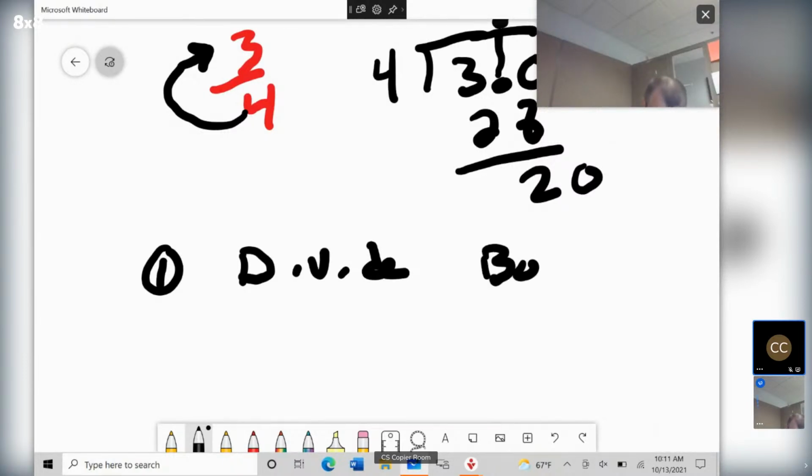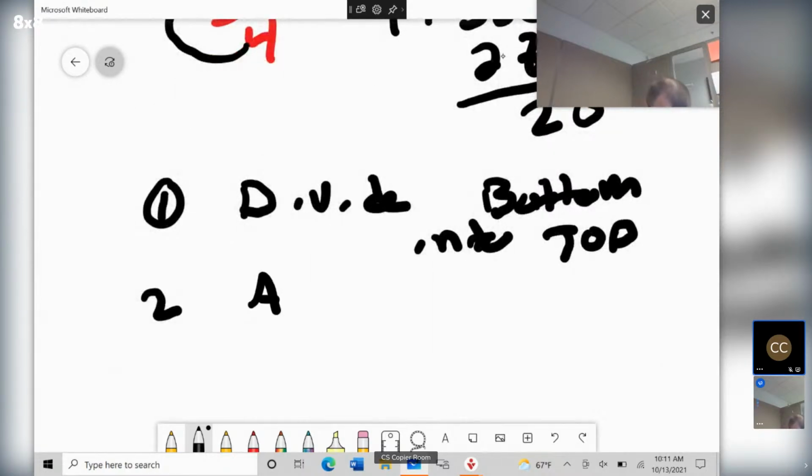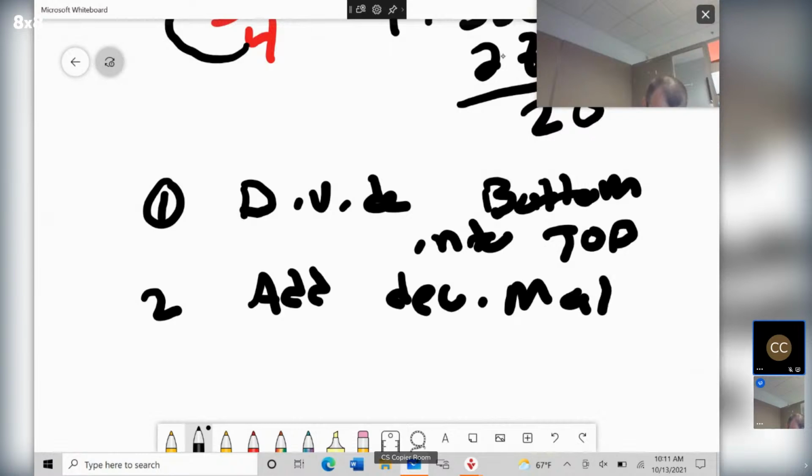Okay. So remember, you guys, divide bottom into top. Add the decimal. Move decimal up.